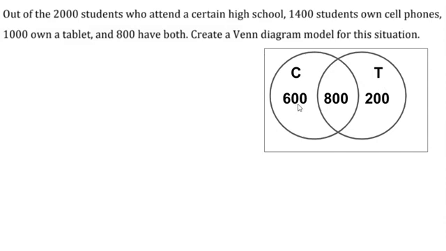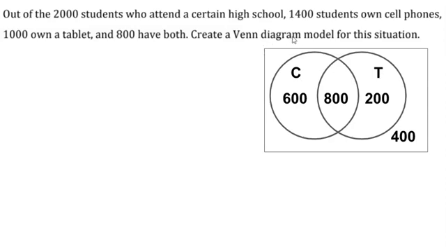And then since we have 600 plus 800 plus 200, so 1,600 students represented here, that means there has to be 400 students left, so that we can have a total of 2,000 students who attend the high school. So 400 students do not have a cell phone and they do not have a tablet.